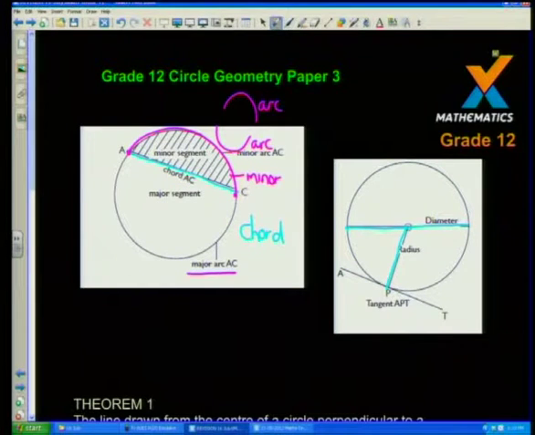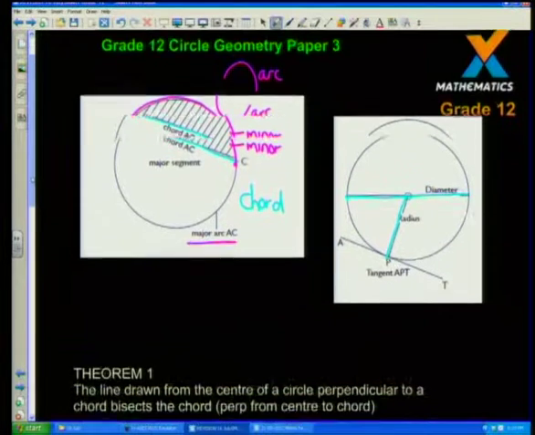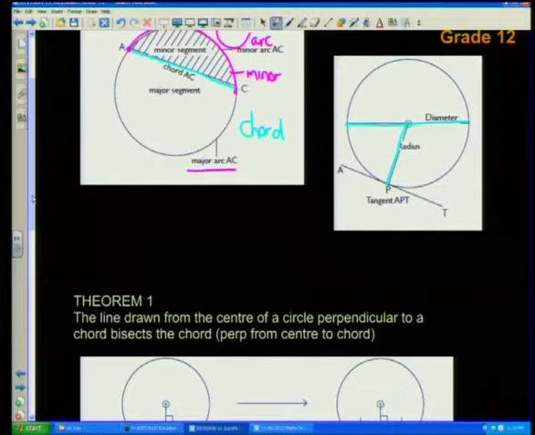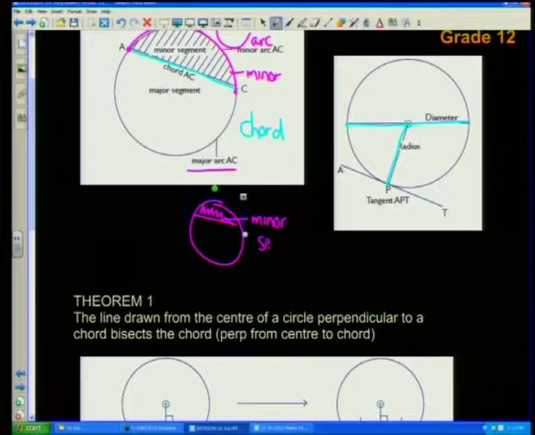And lastly, what we also need to notice is that if we have a segment, it is that piece there. So if I have a circle and I'm talking about that piece there, then that again is called the minor segment. And then the other one here would be your major segment.